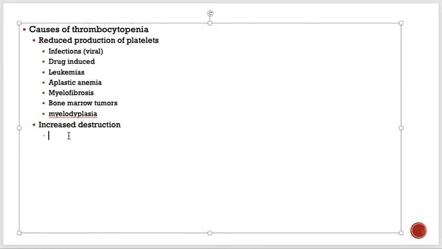And whenever it comes to increased destruction of the platelets, again, it could be immune mediated or non-immune mediated. Immune mediated means the immunity is the one destroying the platelets.